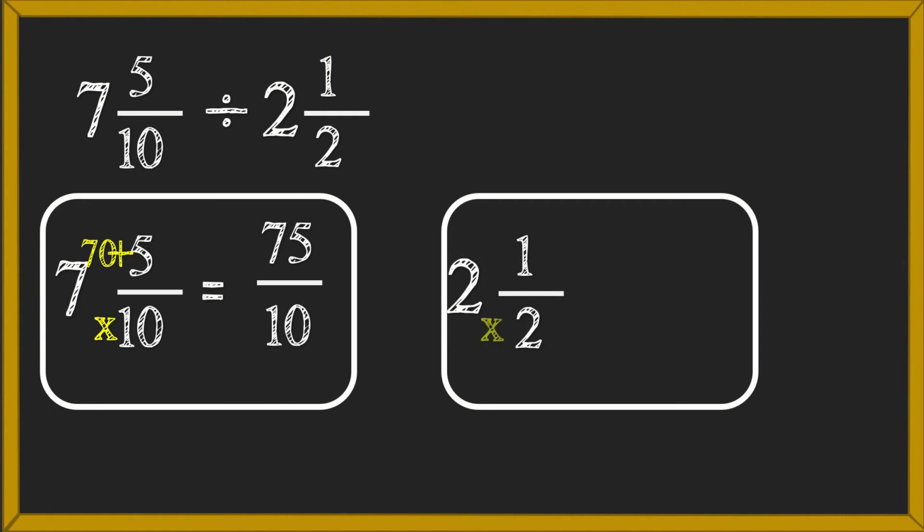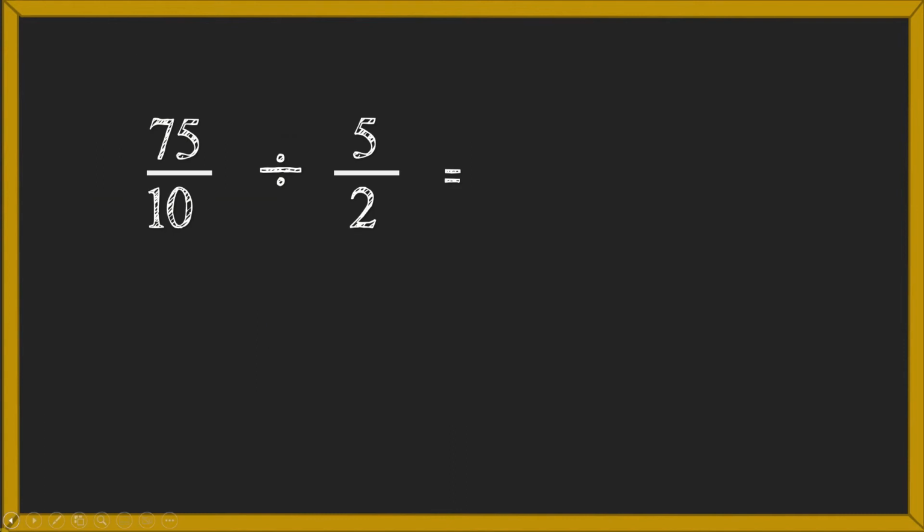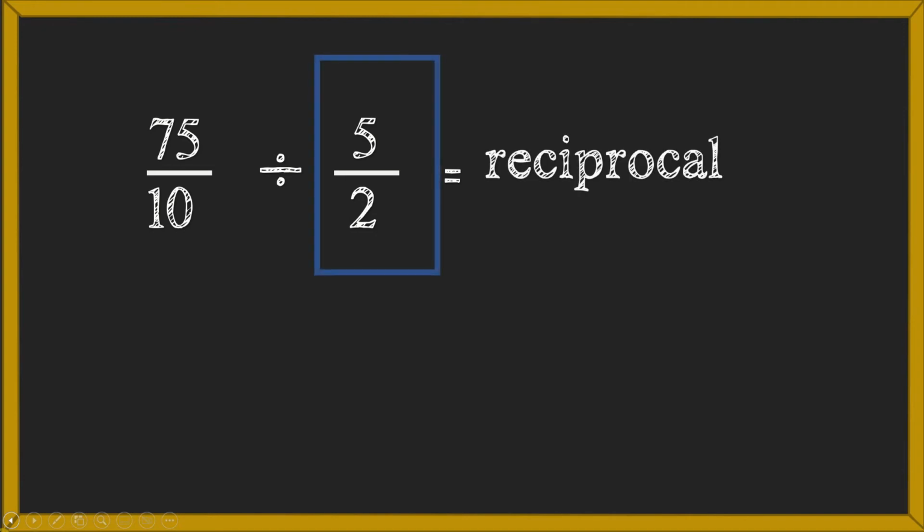2 times 2 is equal to 4. 4 plus 1 is equal to 5. Copy the denominator. We now have 75 tenths divided by 5 halves. Again, get the reciprocal of the divisor. Okay, so that will be 2/5.